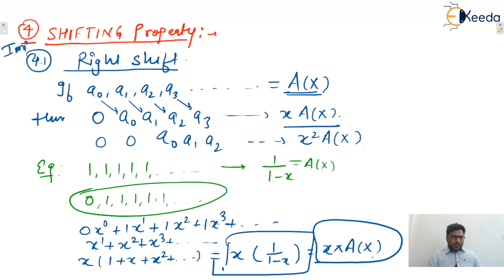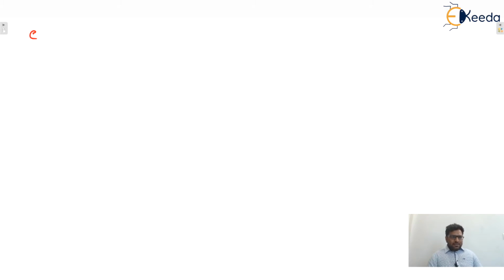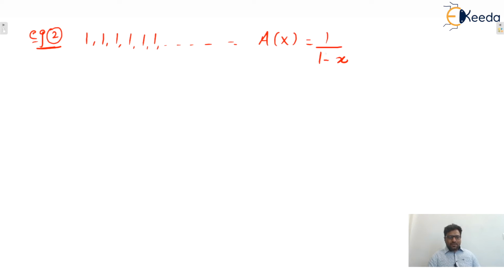Let us take one more example, example number 2. Here let's say this was the given series or sequence. Let's say this is Ax, so what will be the Ax? 1 upon 1 minus x. And if it is shifted two times in the right direction, then what will be the generating function?